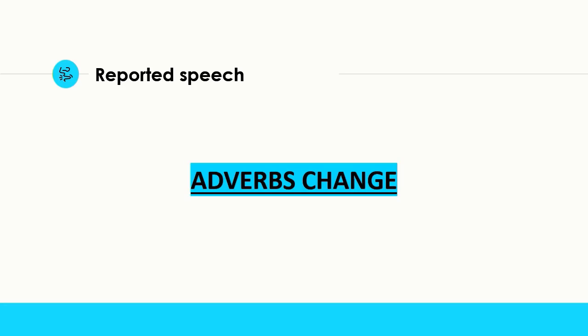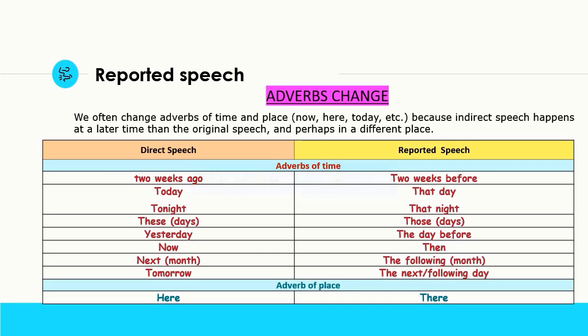Now let's talk about the adverbs of time and place. As I already mentioned earlier with demonstratives, whatever you're talking about isn't going to be there with you anymore if you change the time and place. The same happens to the adverbs of time and place because reported speech happens at a later time than the original speech, and perhaps in a different place.